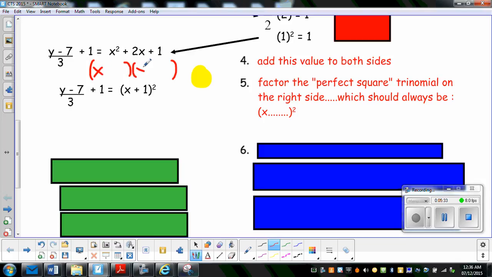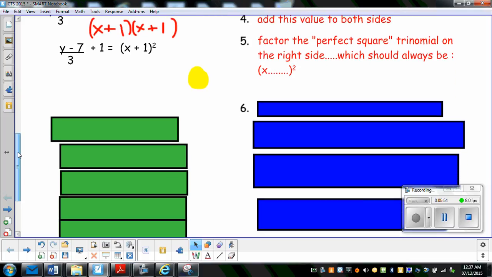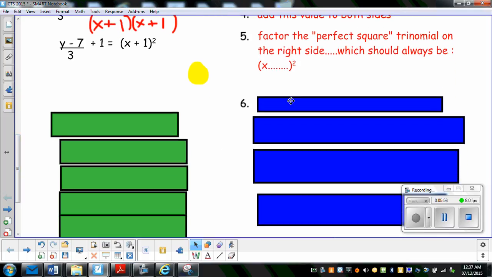So those two numbers are plus 1 and plus 1. And so you see, that's where the x plus 1 squared comes from, because we get the same thing in both brackets up above there. Okay, so it's starting to look closer to vertex form.